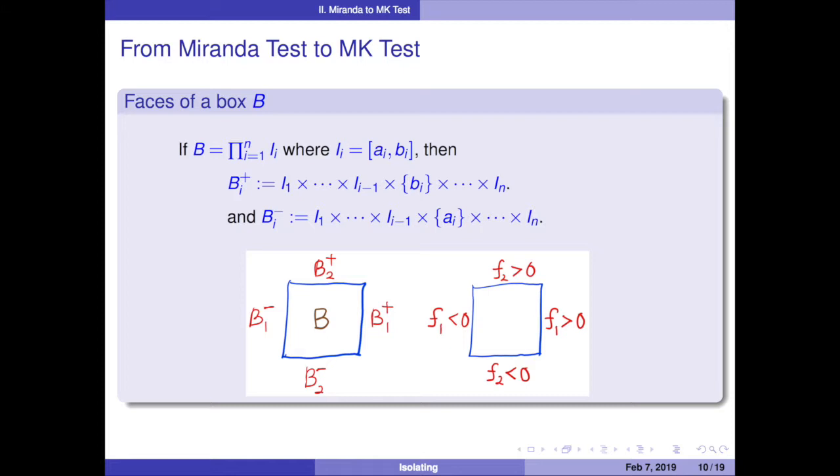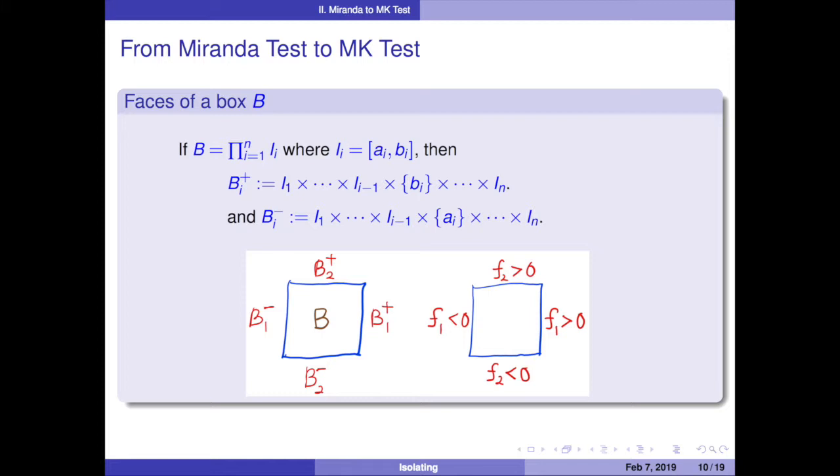And the simple Miranda test says, if the function evaluated on the minus edge is negative, where minus means less than 0, and on the plus edge it's positive, and similarly for the other pair, Miranda's test passed. And Miranda's theorem tells you there exists at least one root.